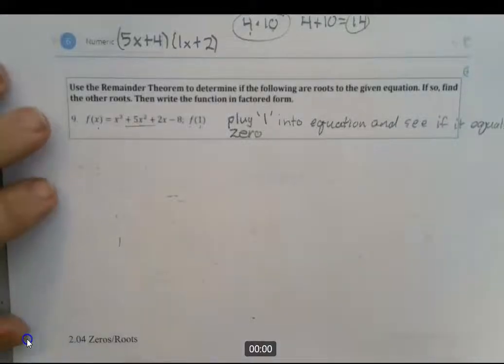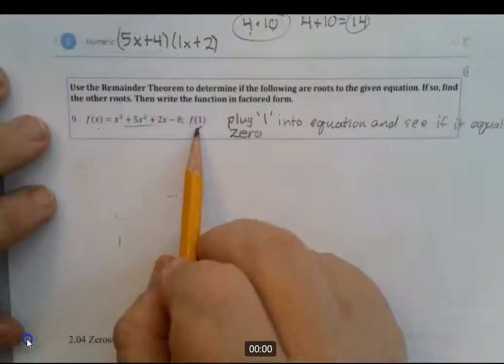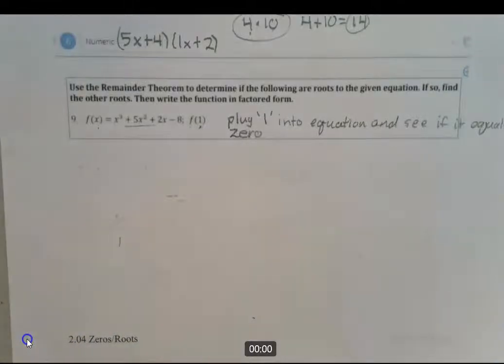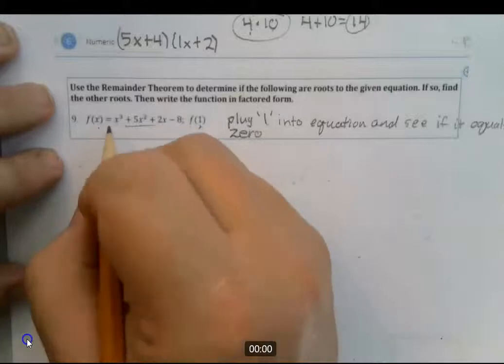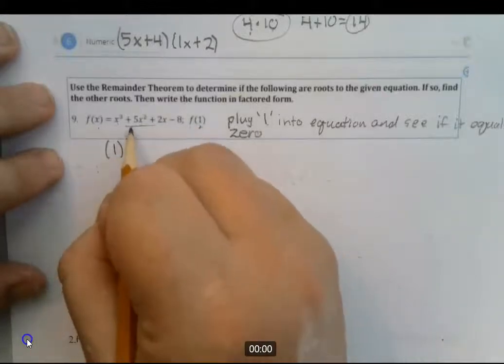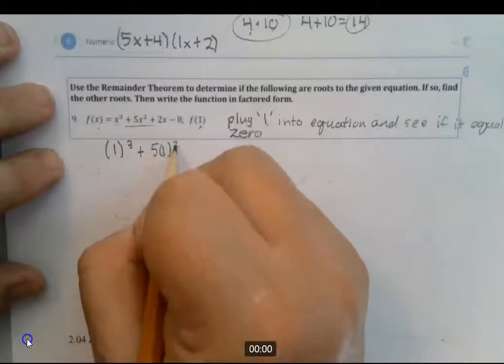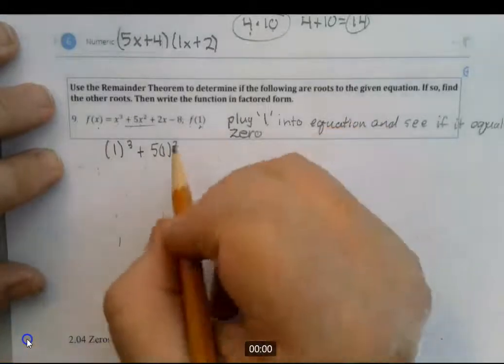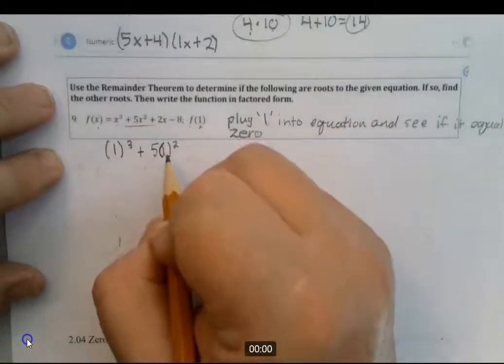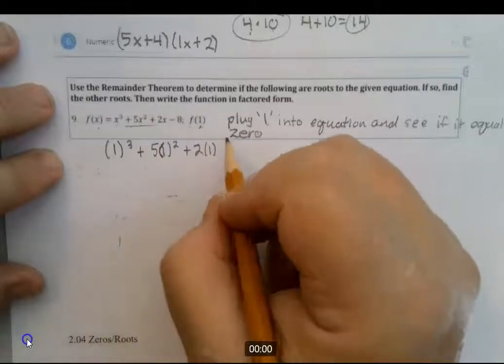If it does, then that means that this is a 0, which means we can turn it into a factor the way we did on a previous problem. Let's first of all see if it does. So what you're going to do is take 1, so it's x to the third, so that means 1 to the third, plus 5 times 1 squared, plus 2 times 1 minus 8.